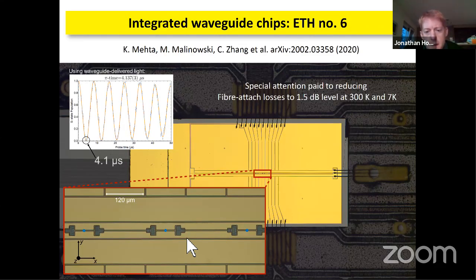We've done crosstalk measurements where we put an ion in that zone there, and we shine light through this coupler here. You might worry that if there's diffuse scatter, the light gets scattered around and comes back and hits this ion over here. What we see is 10⁻⁶ levels of crosstalk.